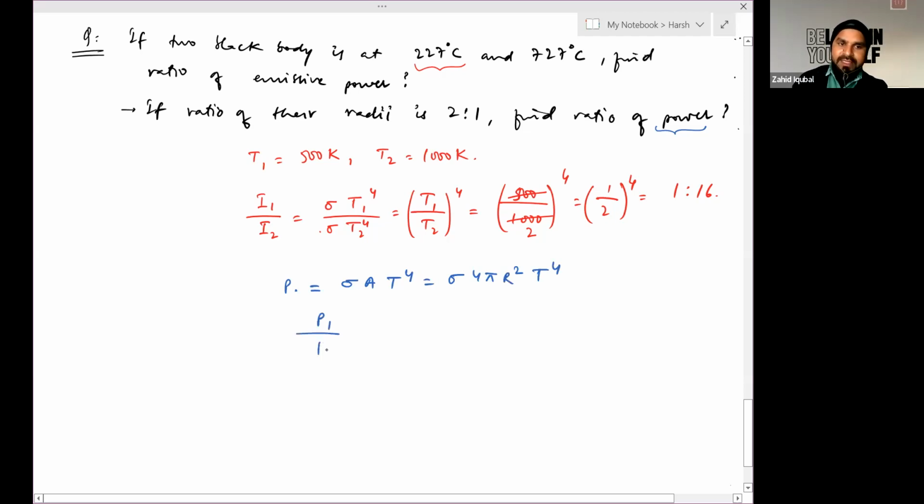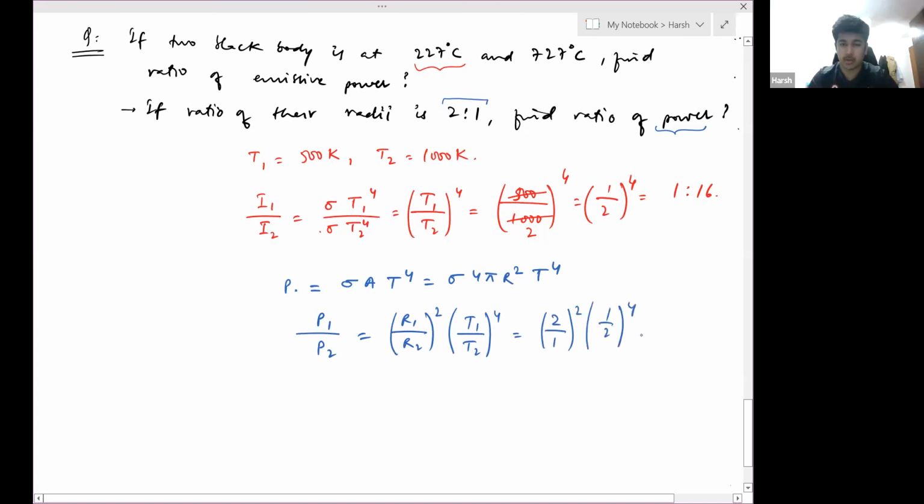So P1 divided by P2 will be R1 divided by R2 squared, times T1 divided by T2 to the power 4. So we have R1 by R2 is 2:1 to the power 2, and T1 by T2 is 1 by 2, to the power 4. So you will get just 1 by 4.